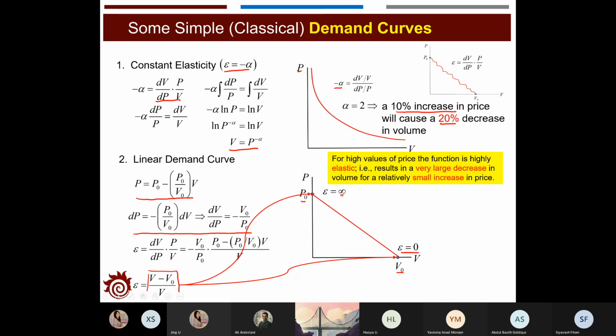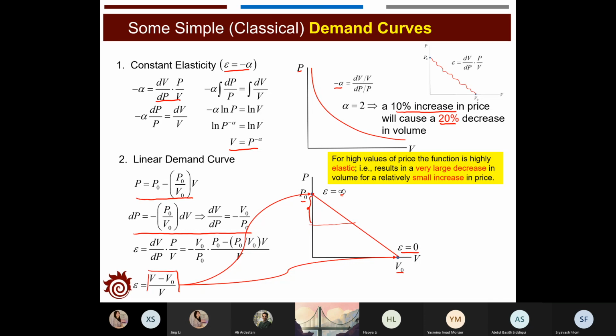We can see that for a high value of the price, the function is highly elastic. So for this part, it's very elastic. If you have very small changes in the price, you will probably observe very huge percentage changes in the volume.